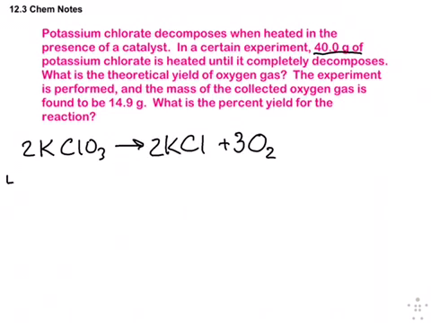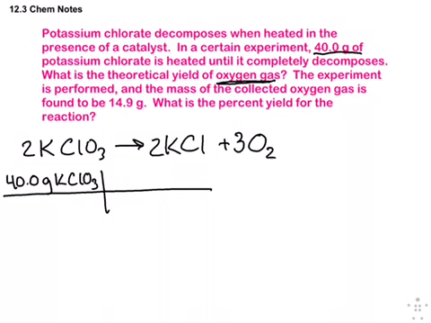And so we do the math, 40 grams of potassium chlorate. And we want to figure out the theoretical yield of the oxygen gas. So we need to go from grams of potassium chlorate to grams of oxygen. So we need to first convert the grams of potassium chlorate into moles of potassium chlorate.